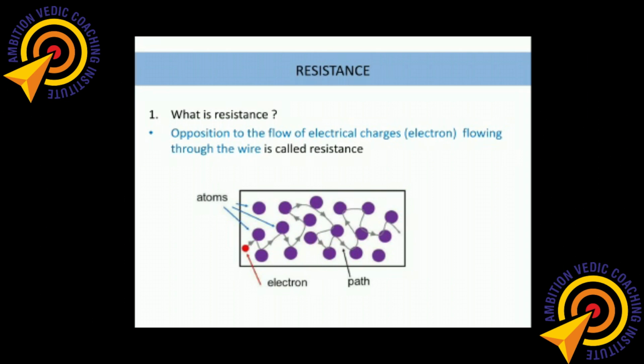So this is what is called resistance. Whenever an electron is trying to flow through the wire, it undergoes collisions. It strikes the atoms present in the wire, and the higher the number of collisions, the greater the resistance. More time it will take for the electron to reach from one side of the wire to the other side, right?